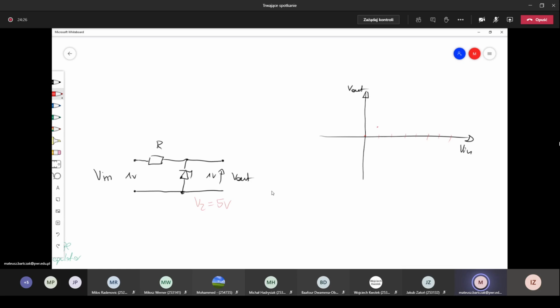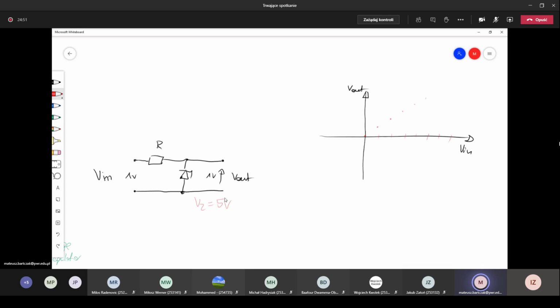Okay, 2 volts, the same situation. 2 volts, 3 volts, the same situation, it is less than the Zener voltage. 4 volts, until we reach 5 volts. Okay, so we have 5 volts now, and this diode will start to conduct.